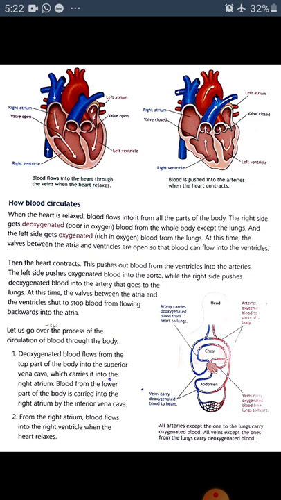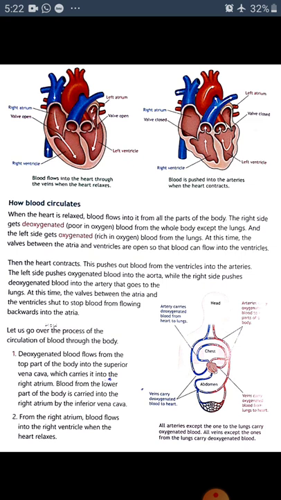The valves between the atria and the ventricles shut to stop blood from flowing backward into the atria. Backward means in the direction towards the back.